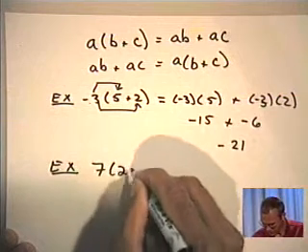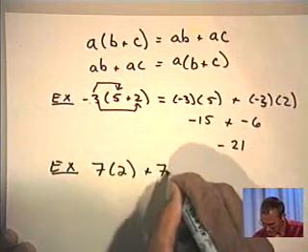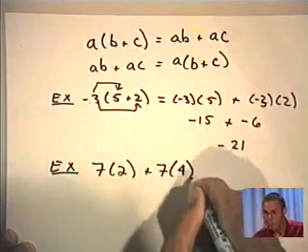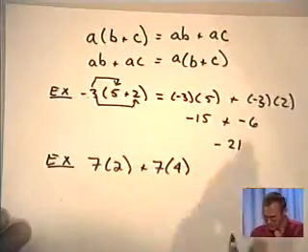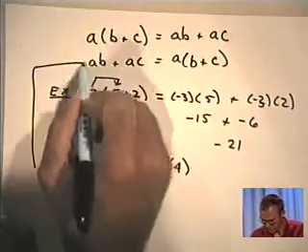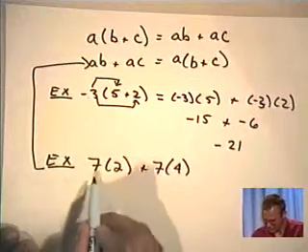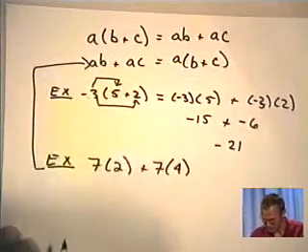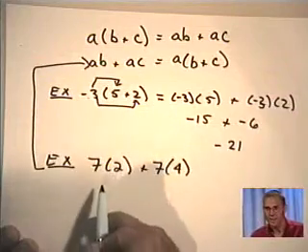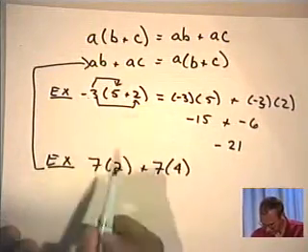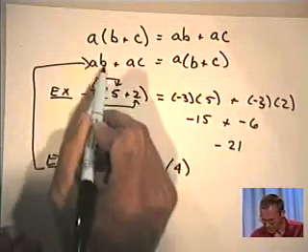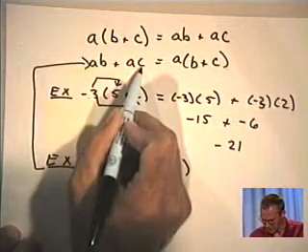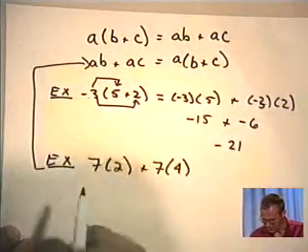Okay, let's try another example. 7 times 2 plus 7 times 4. Now notice, this time my problem is set up similar to this portion of the distributive property. Let's see if we can figure out what our a is in this case. My distributive property says that if ab plus ac, then I have a times b plus c.